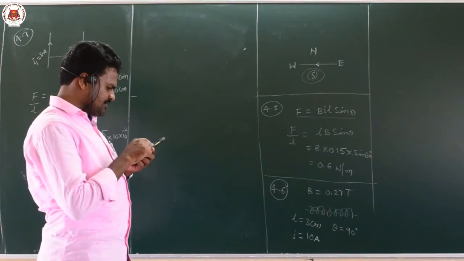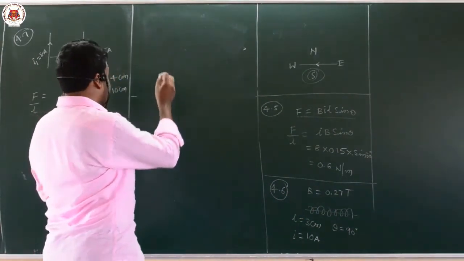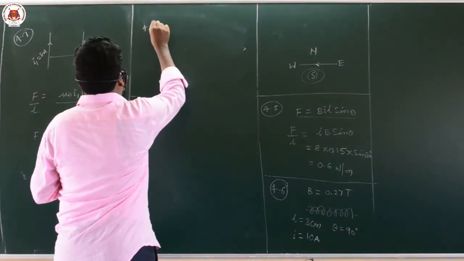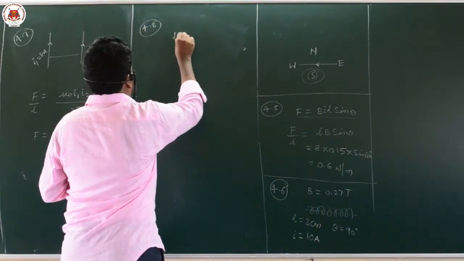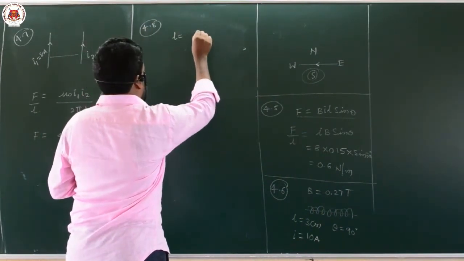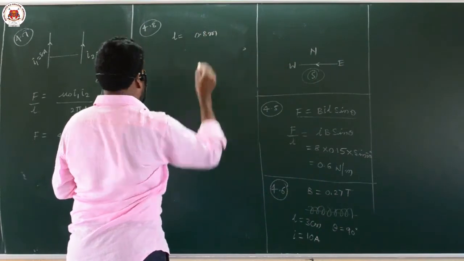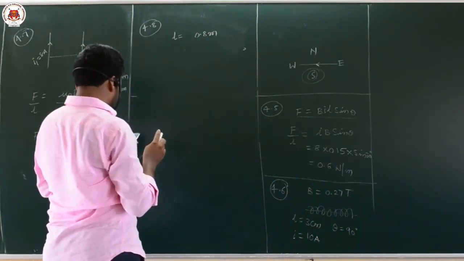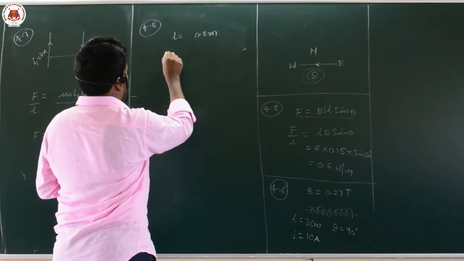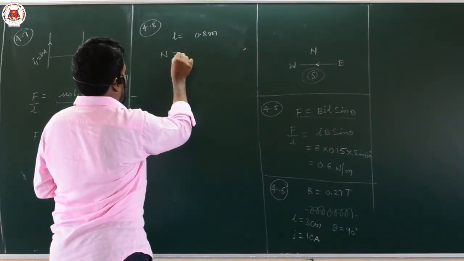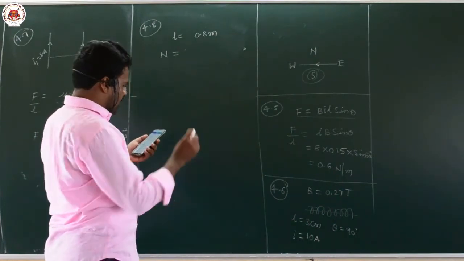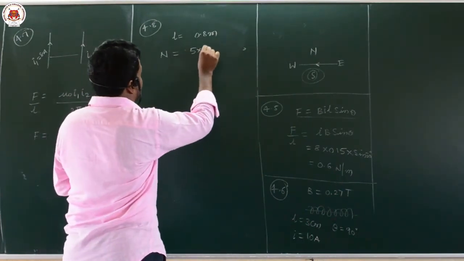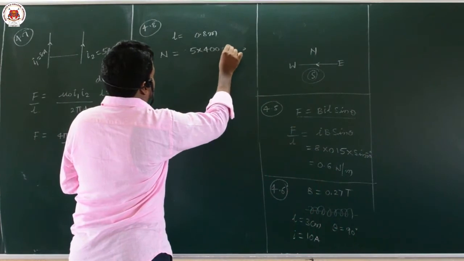So here question is, a solenoid length is given. Question number 4.8, solenoid length is given as 0.8 meters. 80 centimeter means 0.8 meters. There are 5 layers which is having 400 turns. So total number of turns capital N is equal to 5 into 400, you will get it as 2000.